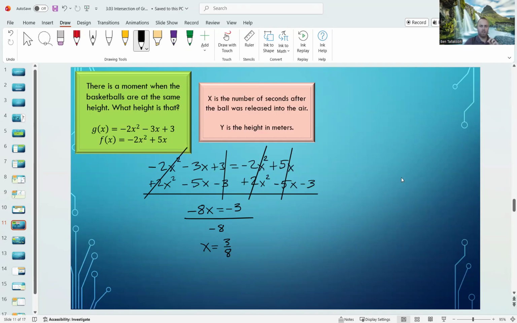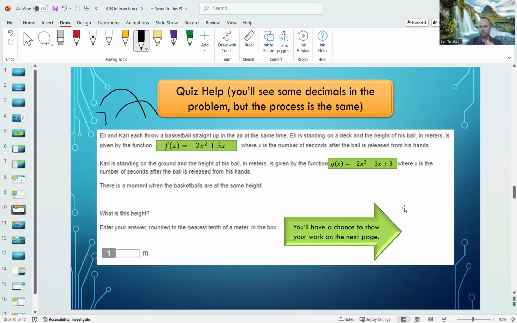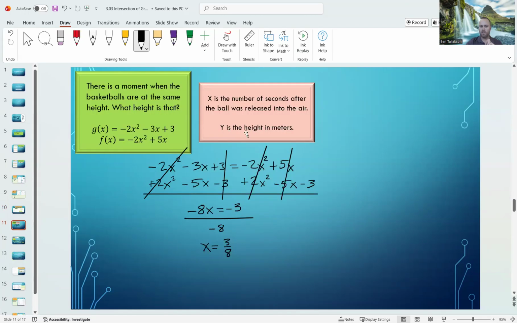Now they want the y value as well. What do they want to know? The height or the seconds? The height, right? And we said y is the height. So let's do it. To find y, plug in 3/8 into which function? Either function.